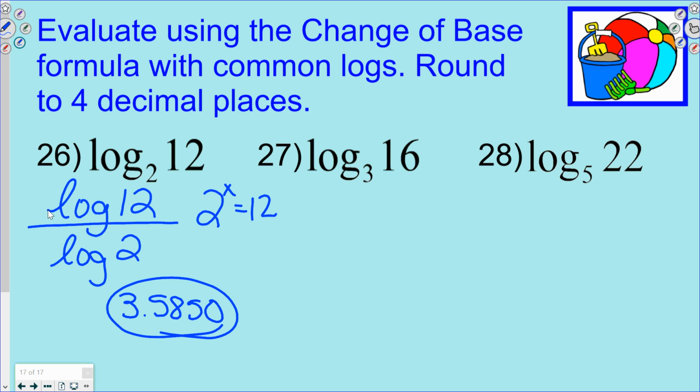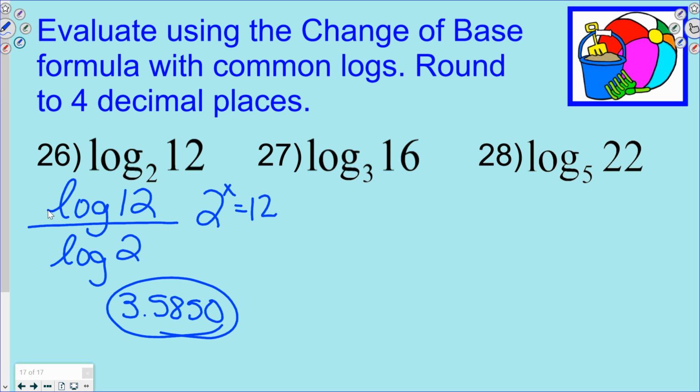If I do 2 to this power, will I get exactly 12? Why not? We rounded. And you actually get 12.0003 something else. Some of you who check things might panic because it's not exact. It's because we rounded this. Since I rounded this, it's not going to be exactly 12. It is 12.000 to begin with, so it's really close. It's because I rounded. Does that make sense?